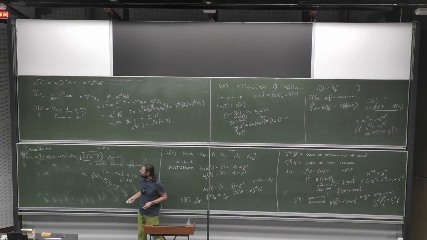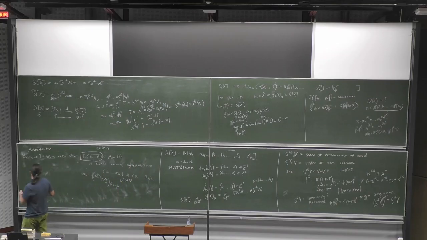So you can rephrase this: if you're familiar with the notion of rank, in this case the partially symmetric rank of T is less than or equal to r if and only if there exists an ideal like this.